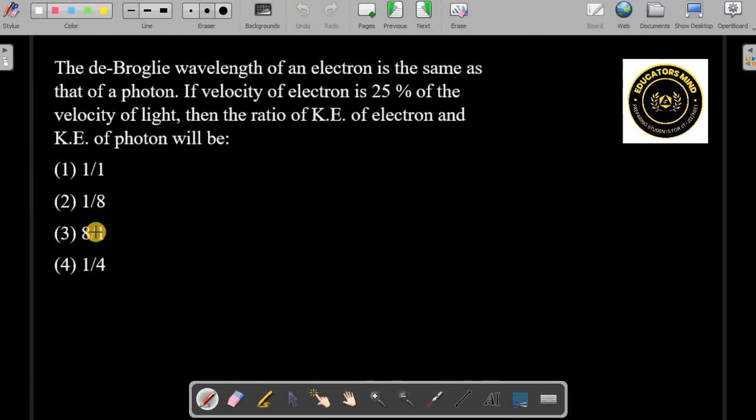Let's move next. The de Broglie equation. The de Broglie wavelength of an electron is the same as that of a photon. So electron wavelength lambda, what is lambda? Lambda is equal to h by p. We are saying the wavelength of the electron is the same as that of the photon.